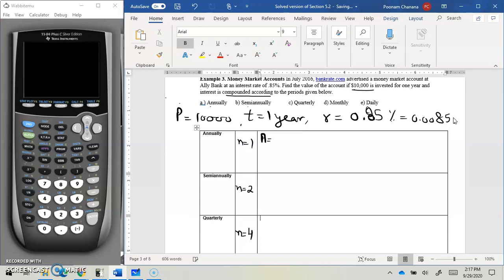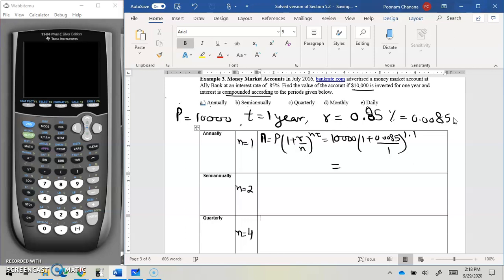Here, what is the amount formula? Principal times (1 plus r by n) raised to power nt. So according to everything which is given, we can say 10,000 times (1 plus 0.0085 divided by n, which is 1 in this case) raised to power 1 times how many years? 1 year. So that is 1.